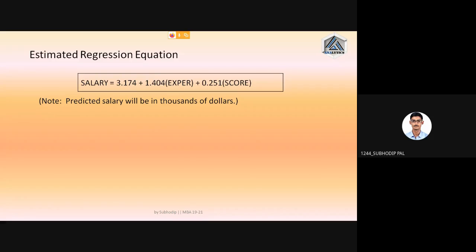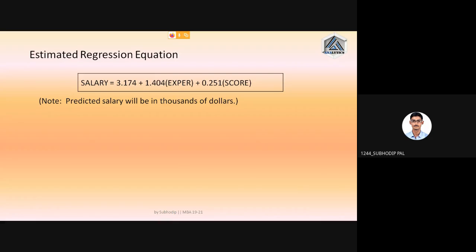Got it, Ashna? Yes, got it. Next, put the heading Score and underline it. So now we'll be interpreting with respect to score. Can you all do this? When experience is constant, then 1 unit change in score will increase the salary by 0.251.